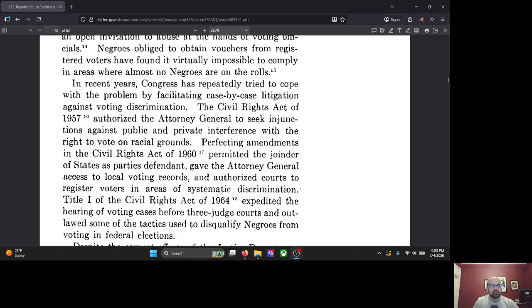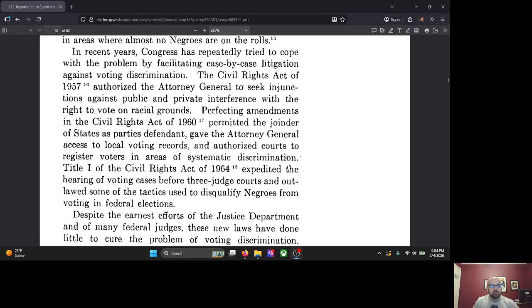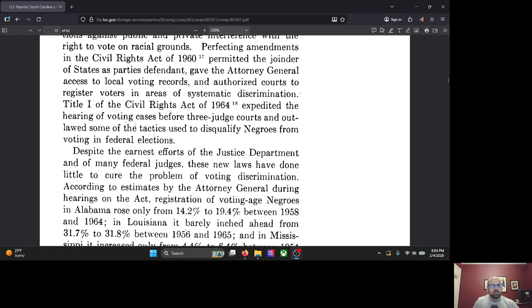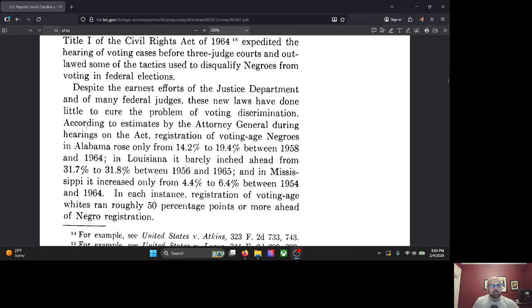Perfecting amendments in the Civil Rights Act of 1960 permitted the joinder of states as parties defendant, gave the Attorney General access to local voting records, and authorized courts to register voters in areas of systematic discrimination. Title I of the Civil Rights Act of 1964 expedited the hearing of voting cases before 3-judge courts and outlawed some of the tactics used to disqualify African Americans from voting in federal elections.